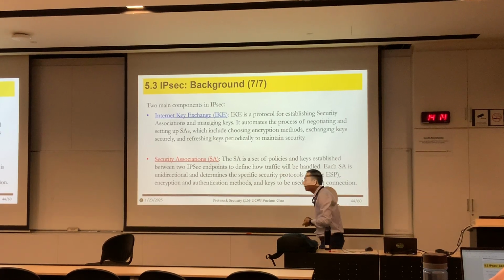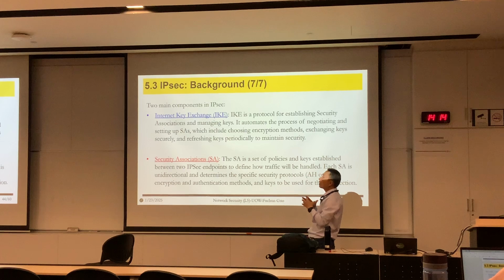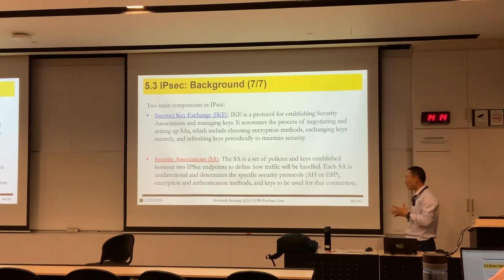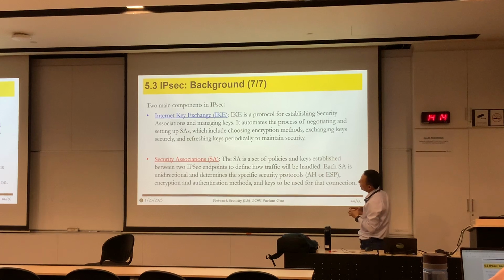And the IPsec protocol is different from other protocols. It has something called security association. This is a bit weird, and at the beginning, when you try to understand it, it looks a bit weird, okay? Because other protocols don't have this kind of security association.